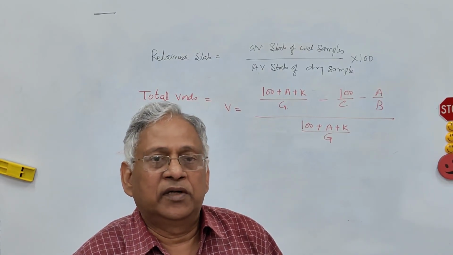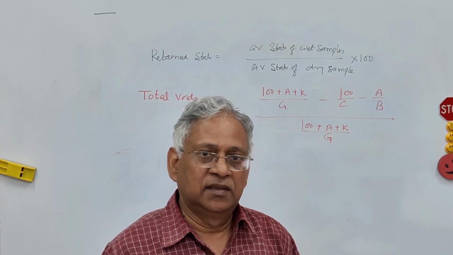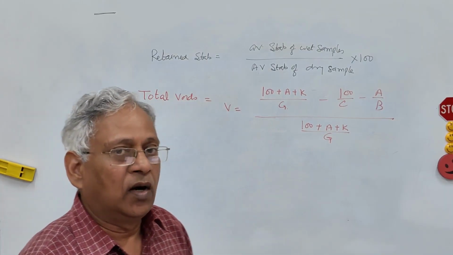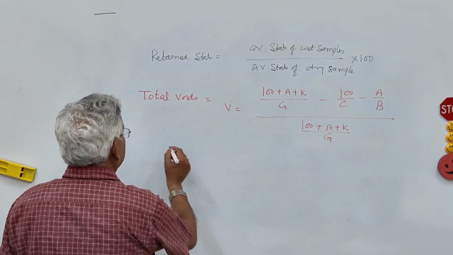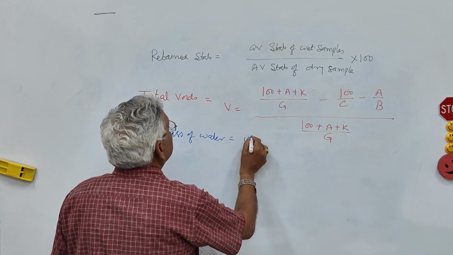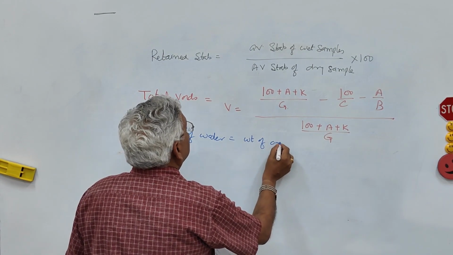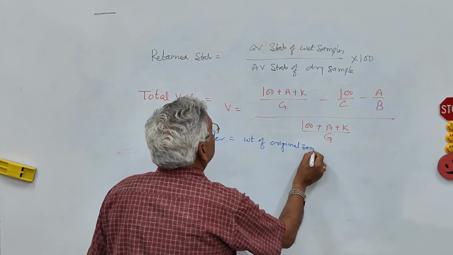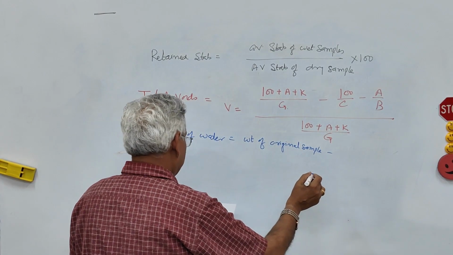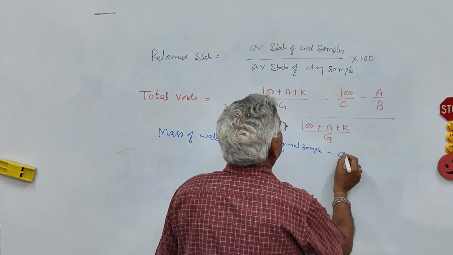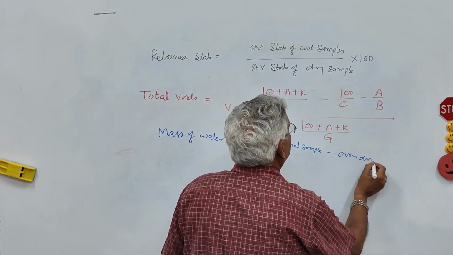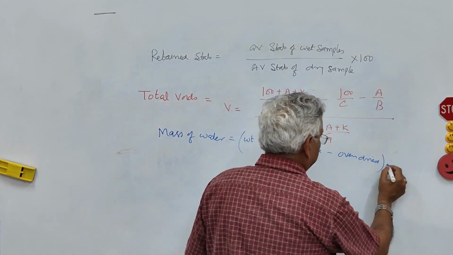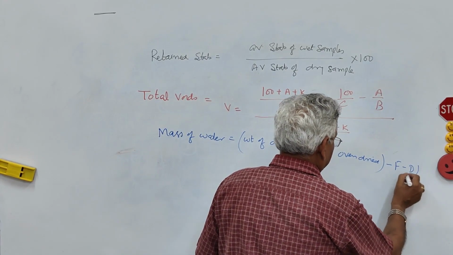After 24 hours, you take the weight of the sample in the tray, and then find out the mass of the water by this equation: weight of original sample minus oven dried weight, let me put F minus D.